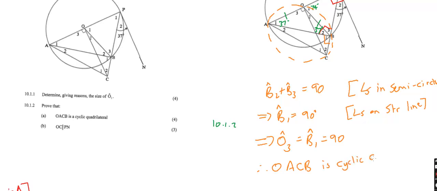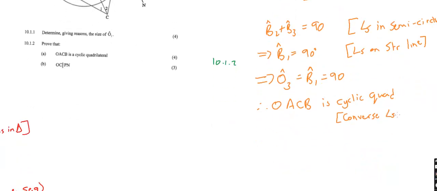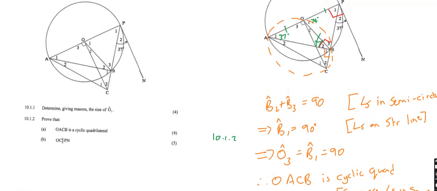Now I need a reason for this. Why is this a cyclic quad? It's because I've proven the converse of angles in the same segment. So this is converse angles in same segment. Okay, so that is it.